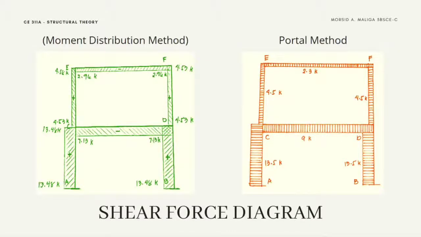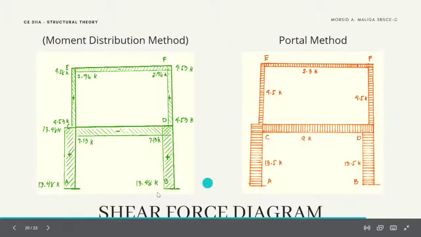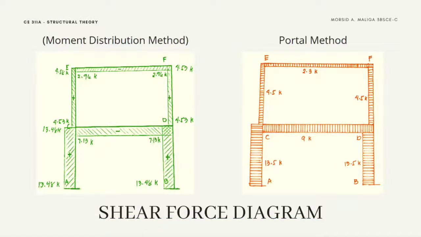So as we can see, all of this is the same naman siya. So the kwan lang is medyo nagkaiba lang. So ito, 13.5, 13.48, it's still the same. It's just maybe moment distribution method is more specific siya.